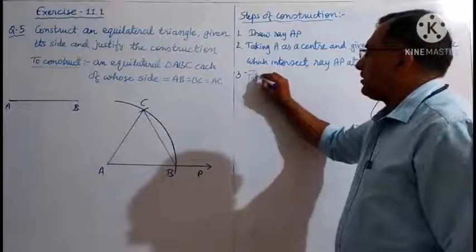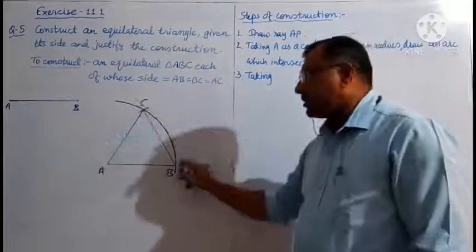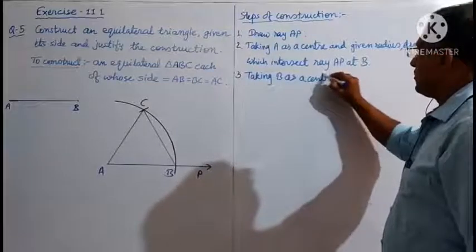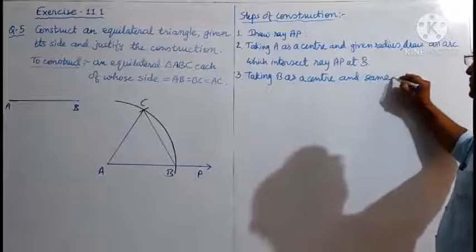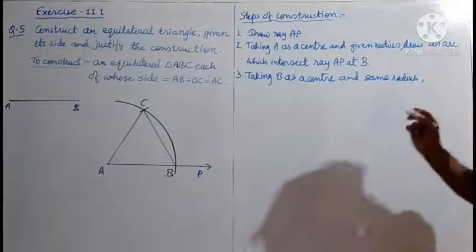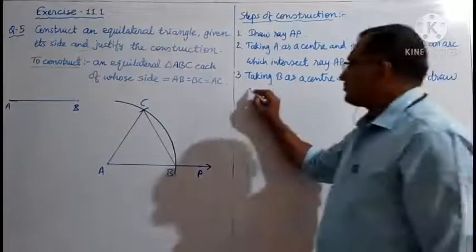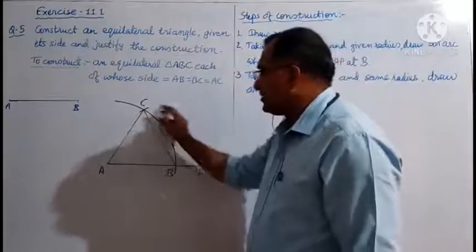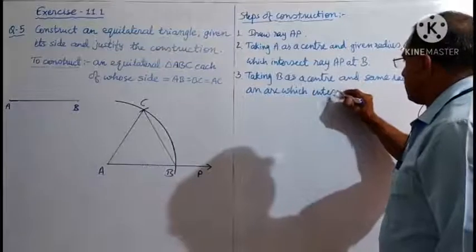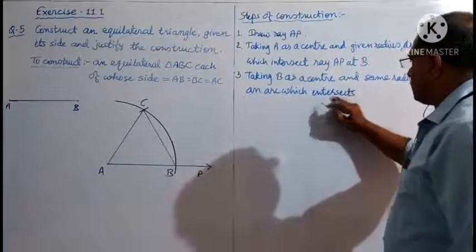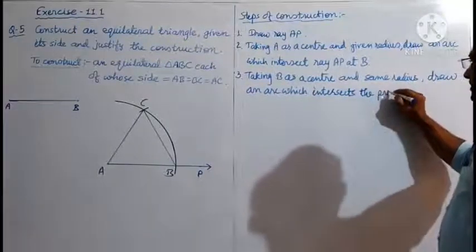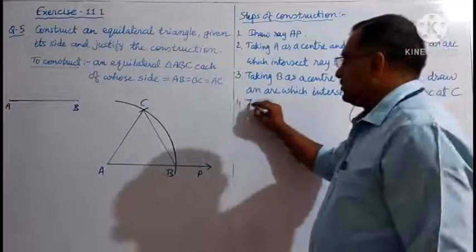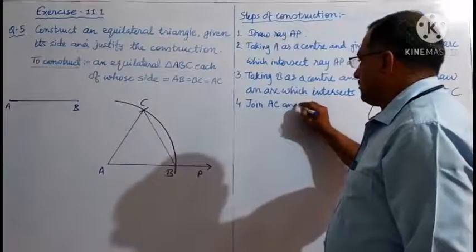Then taking B as a center, after drawing this arc which intersects AP at B, and the same radius, again draw an arc which intersects the previous arc at C. Join AC and BC.